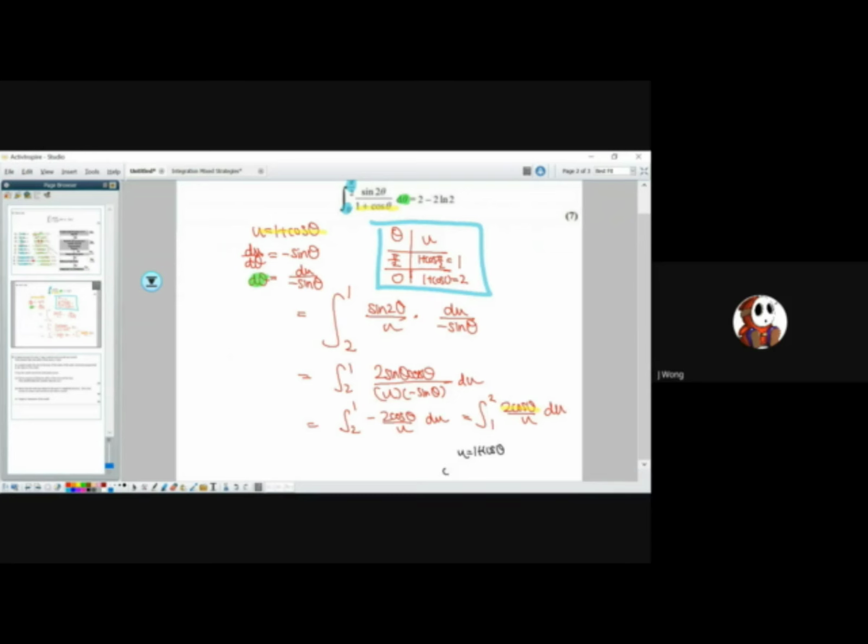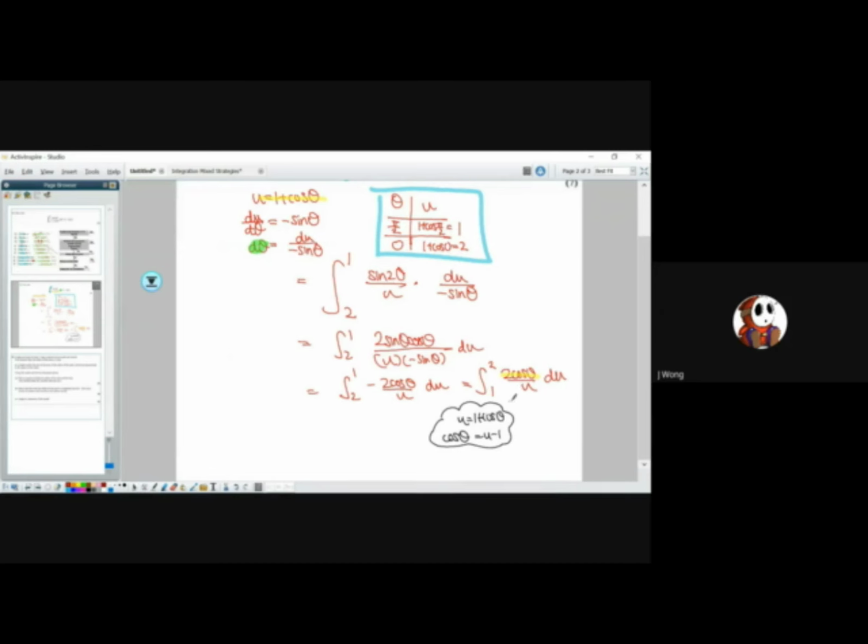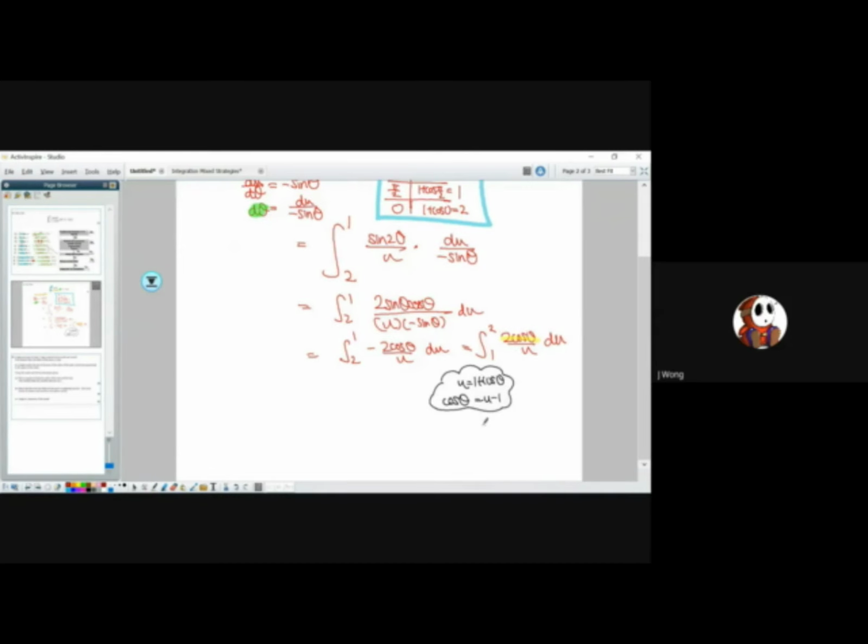You could make cos θ the subject by rearranging it and put it back in, and then you will have a nice little integral to solve. So you have the integral from 1 to 2 of 2 multiplied by u minus 1 over u du, and then you could separate it into 2 fractions.